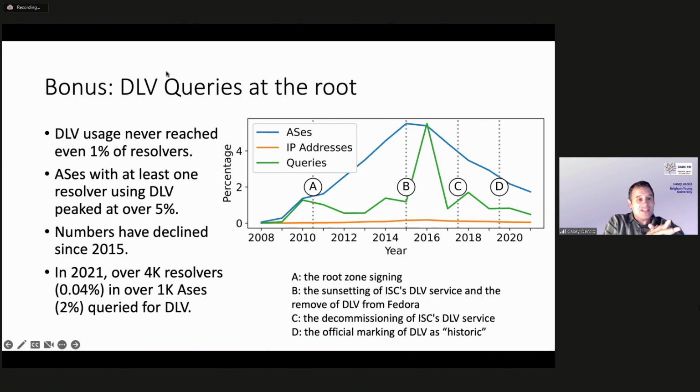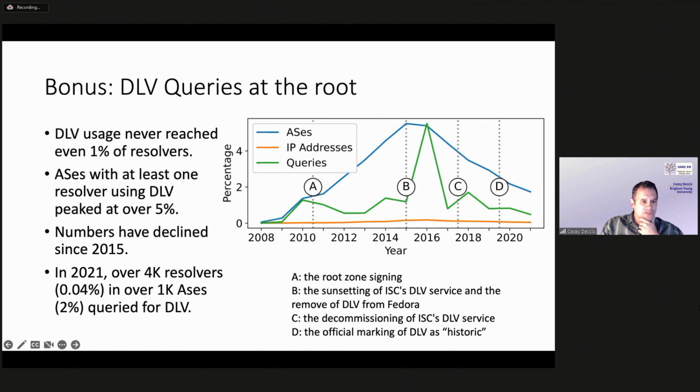And so you did see autonomous systems with at least one resolver using DLV peaked at about 5%, even though we never saw DLV usage reaching 1% of resolvers. But of course, the numbers have been declining. So it's interesting to look at just to see from the perspective of the root what DLV queries look like.